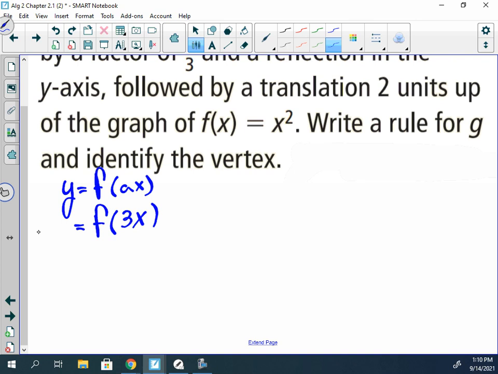Inside those parentheses, we have to make sure it's kind of the opposite of what we think. So instead of plugging in 1/3, we plug in 3. Now our actual function, do we have f of x anymore? We have 3x instead of x, yes? So that means this x squared wouldn't be x squared anymore. It's going to be 3x squared.